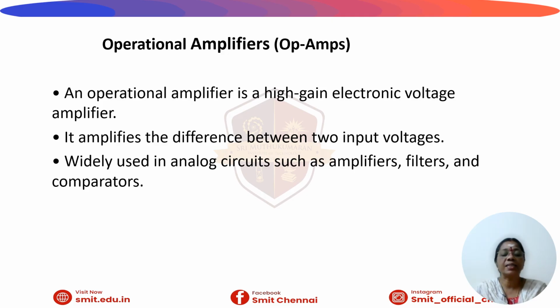It is used as a fundamental building block in a wide array of analog electronic circuits. It is a high-gain electronic voltage amplifier. It amplifies the difference between two input voltages given at its two input terminals. It is widely used in circuits such as amplifiers, filters, and comparators.